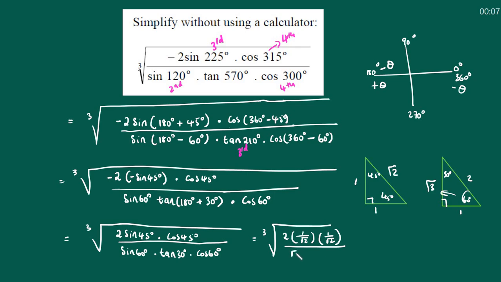So you're going to have root 3 over 2, and then tan 30 is the opposite over the adjacent, so that will be 1 over root 3, and then cos 60 is going to be adjacent over hypotenuse, which is 1 over 2. Good people, once you have this, you put it straight into your calculator to get the final answer. So I think it should be what?